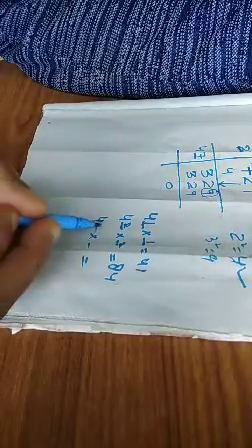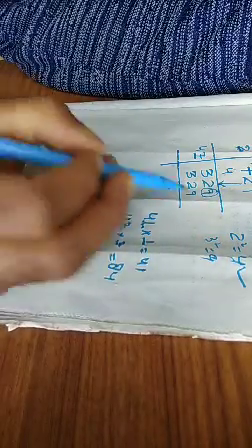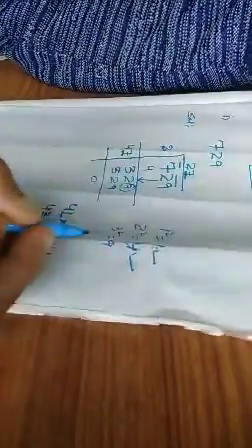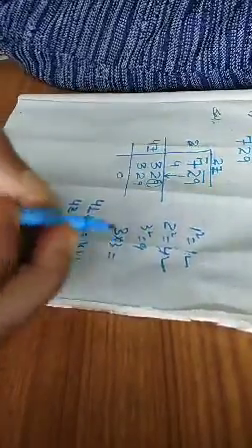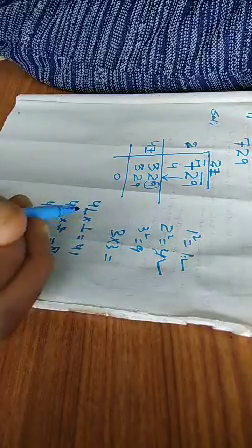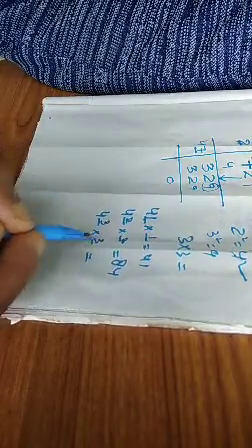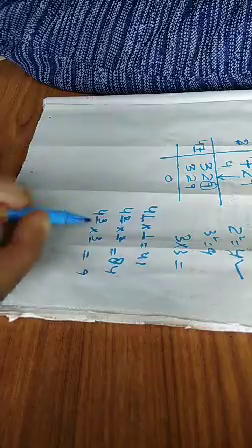What will be the number which on multiplying gives 9, that will be 3 into 3 is 9, or we will try 3 into 3, 3 3s are 9, 3 4s are 12. Still it will not be equal.